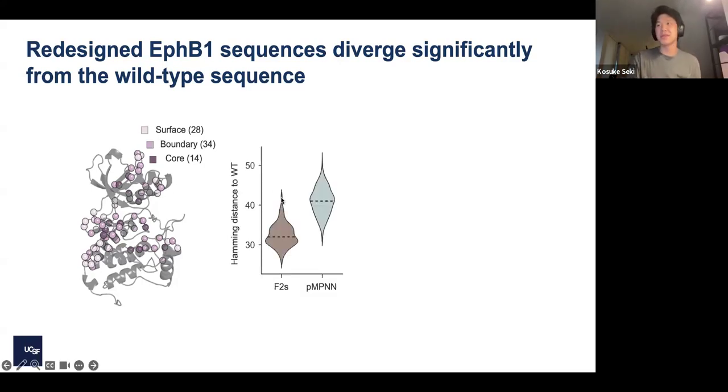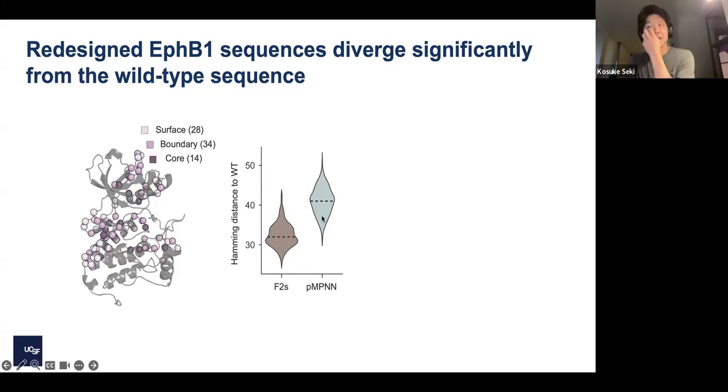And if we look at the number of mutations, we see that compared to the wild type enzyme, frame to seq is incorporating more than 30 mutations in every sequence, on average, and protein MPNN is doing a little bit better at incorporating about 40 plus mutations in every single enzyme. So we're really diverging from the wild type enzyme in a very big way.